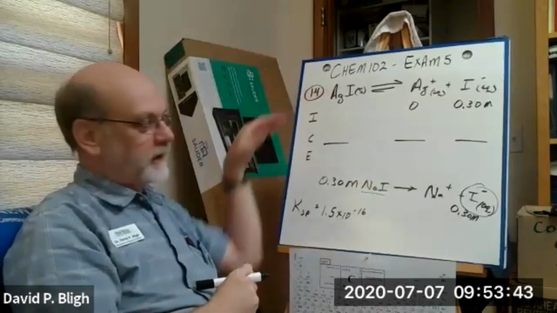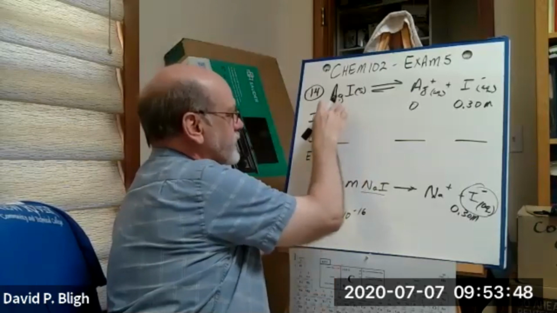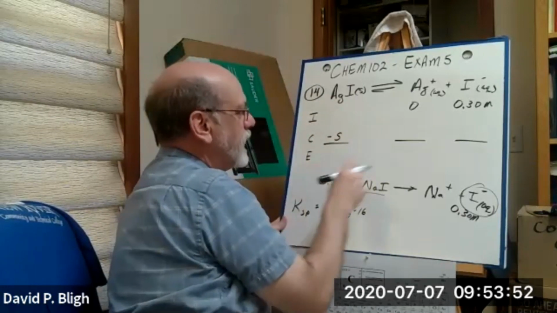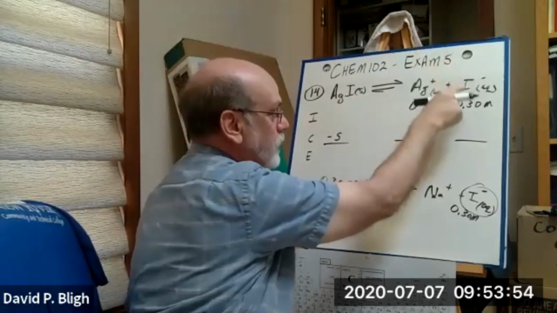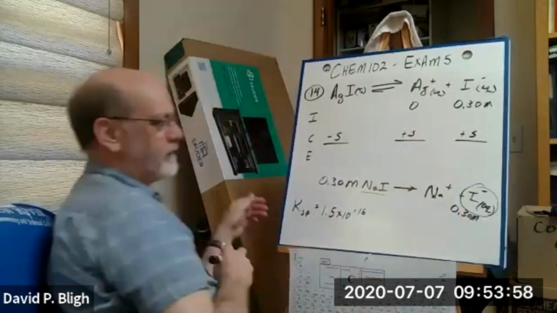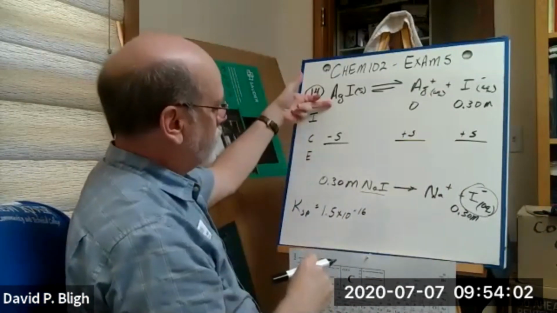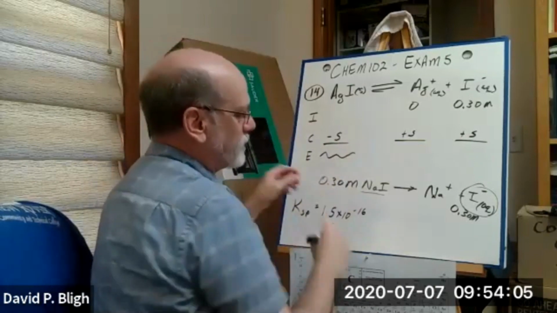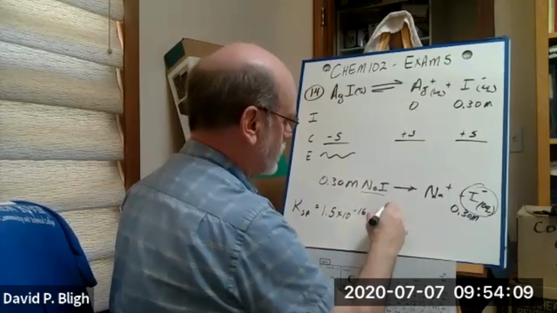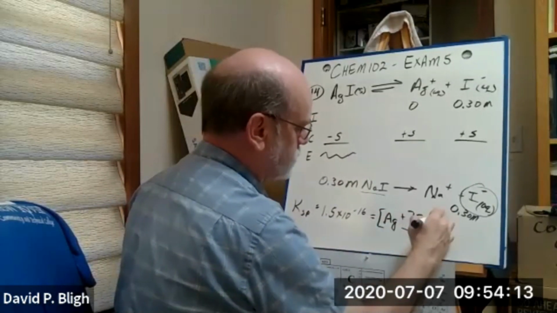That's our starting point. Now what happens? Well, we're going to take some of this, we're going to lose one of these, and it's going to show up as one of those and one of those. Okay? So now, this is not part of the expression, so we don't have to deal with that. But we do want to focus on these, because they're over here as this and this.